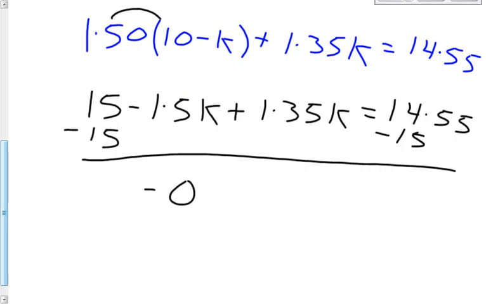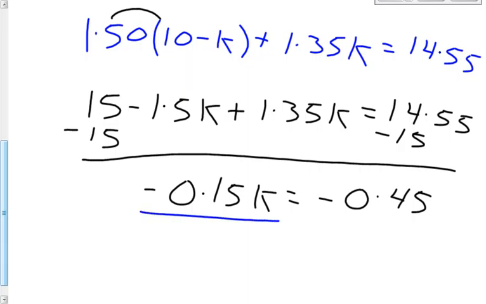Negative 0.15K equals 14.55 minus 15, which is a negative 0.45. All right, and last step in getting K all by itself is dividing by a negative 0.15.